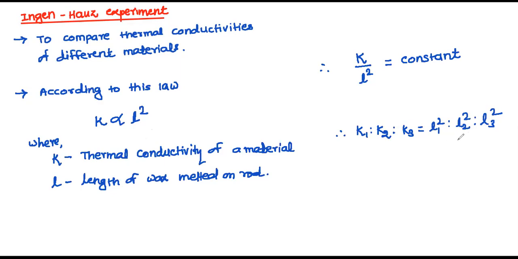So if you want to take the ratio of this, then you will take the direct length ratio. Understand this Ingenhousz experiment? Now, what is its experimental setup? First of all, note down this. Note down fast so that I can tell you how is the experimental setup of this experiment.